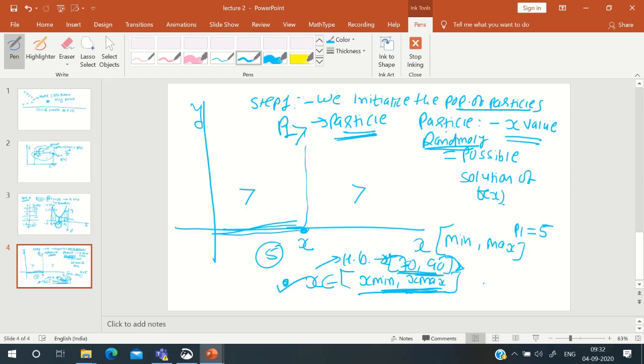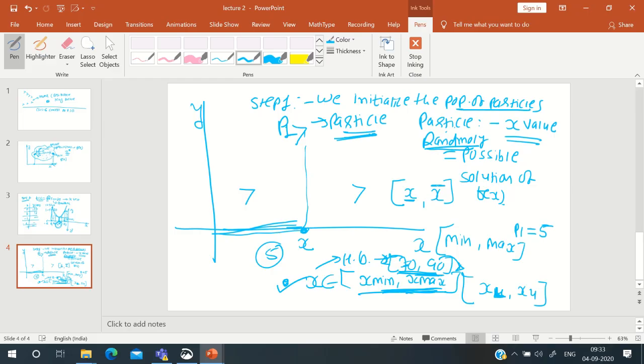In the literature, in books, you will find xl meaning lower limit and xu meaning upper limit. Similarly, symbolically, it is represented as x with a horizontal line drawn below it, meaning the lower limit, and x with a horizontal line drawn on top, which is the upper limit.